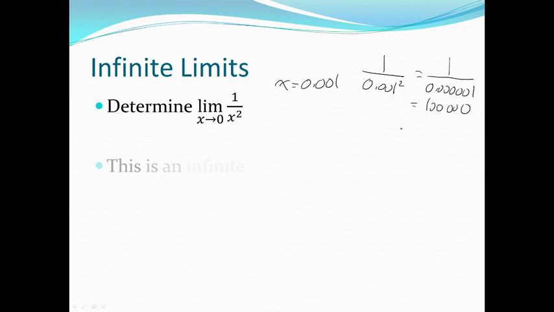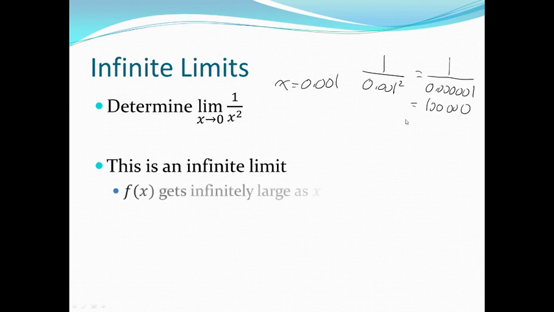There we go. So as x gets smaller and smaller, the function gets bigger and bigger. Okay, and we can make the function as big as we want as long as we keep making x closer and closer to 0. We can't make x equal to 0 because, as you can see here, if I make x equal to 0, I get a division by 0, which does not actually work.